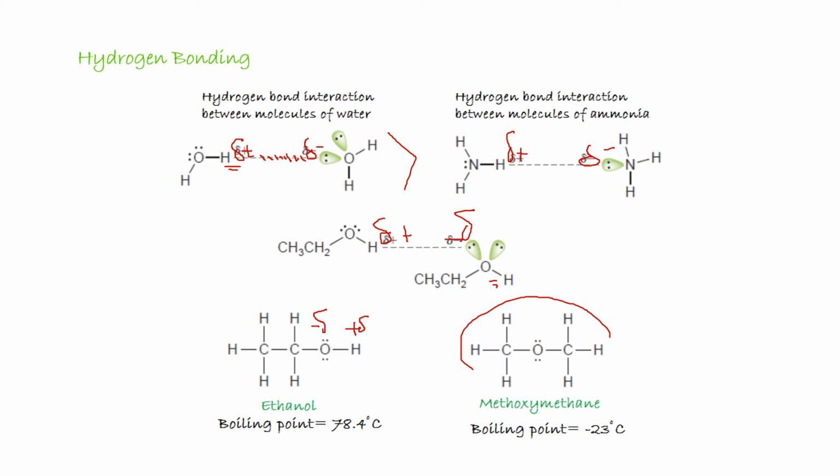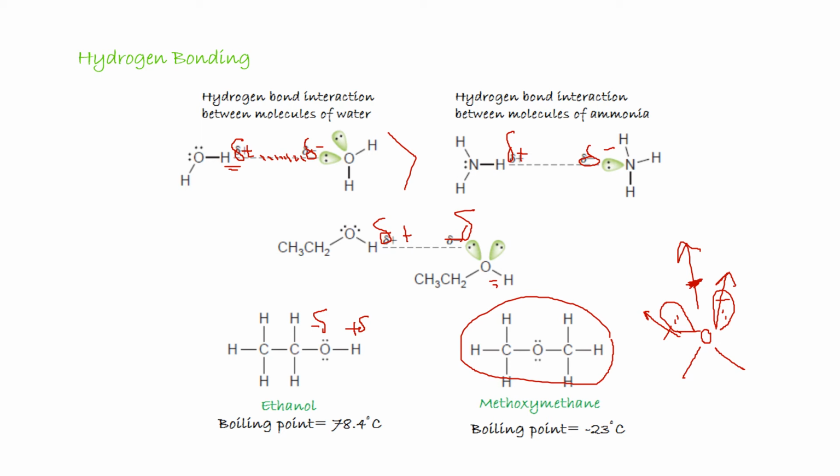Even though the whole molecule is a polar molecule. Okay? It's O, carbon, carbon, lone pair, lone pair, polarity this way, dipole moment this way, and net polarity that way.